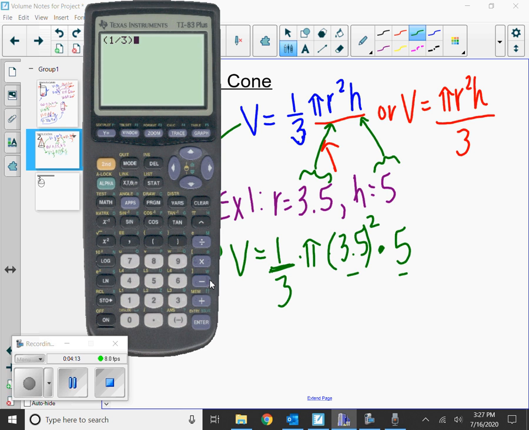Close the parentheses, times, hit our pi button, times, and I can use parentheses here as well, so 3.5 is our radius, raised to the second power, and times 5. Now everything looks exactly as I have it in green, just instead of those little dots, we see little star symbols. So I'm going to click enter. And our volume should be about 64.1.